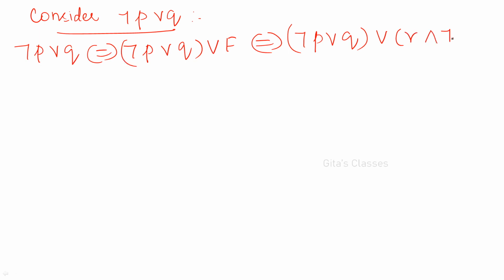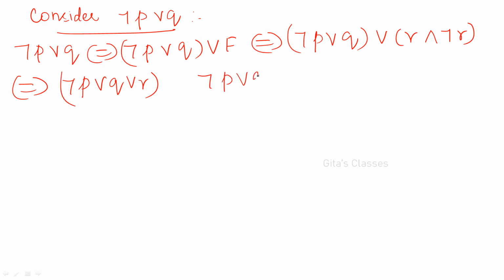So R and negation of R, I am going to take it. Now you apply the distributive law. That is (not P∨R∨Q∨R∨R) and (not P∨R∨Q∨R∨negation of R), in between and. So this is equation number 2. In the same order I have, so I am not going to change.